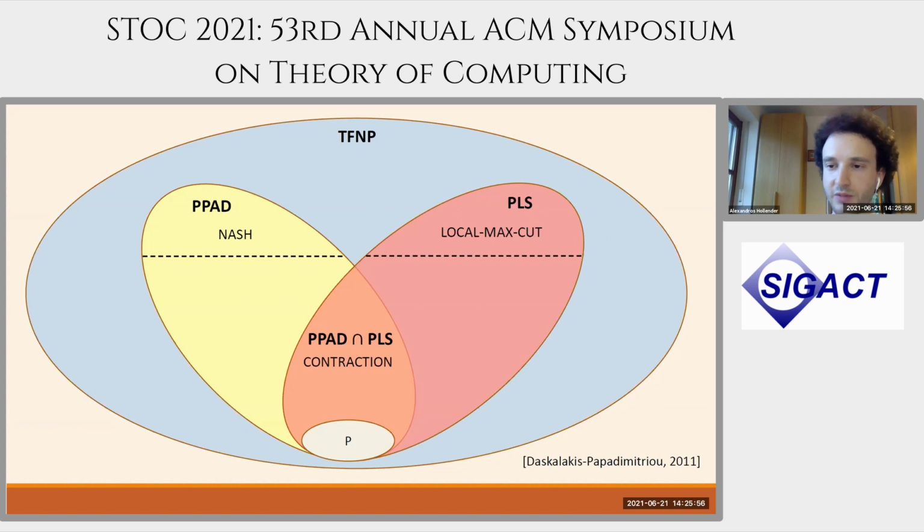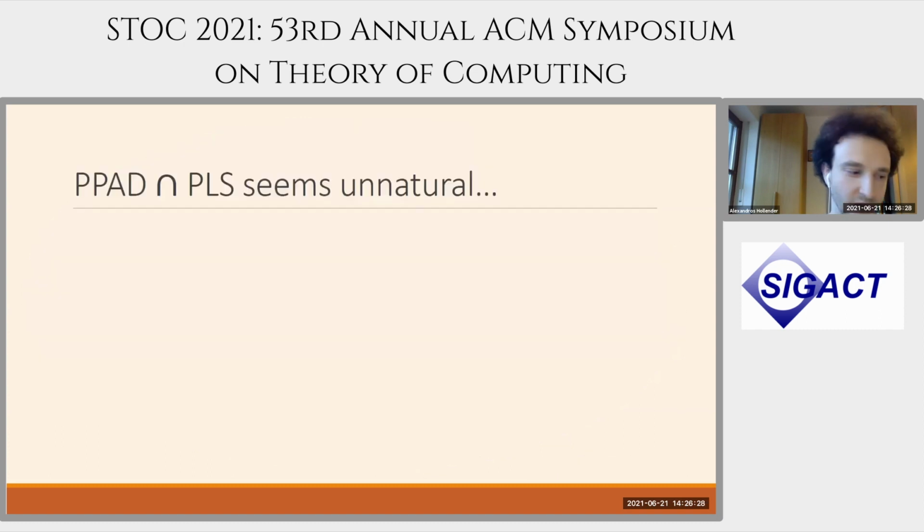The problem of finding a fixed point of a contracting map, the problem of finding a mixed Nash equilibrium of a congestion game, the problem of solving a P-matrix LCP, which is a generalization of linear programming, the problem of finding a fixed point of a Tarski function, the problem of solving simple stochastic games, and more. So they noted that all of these interesting problems lie in this class. And they also noted that PPAD intersection PLS seems like a very unnatural class, and so was unlikely to capture the complexity. So let me briefly explain why this class seems so unnatural.